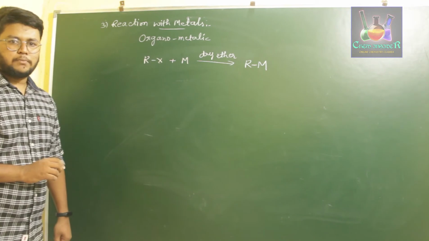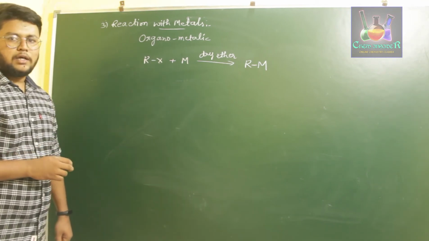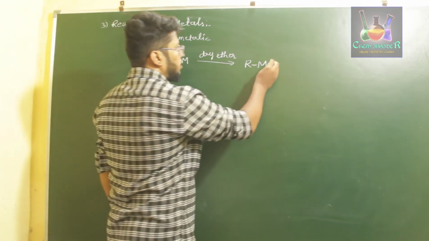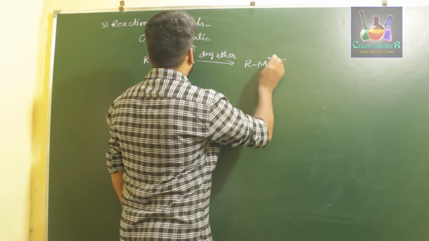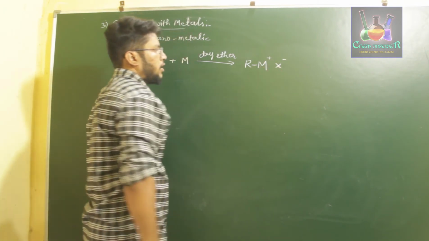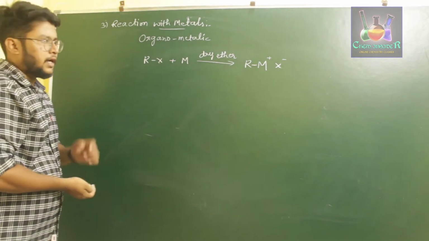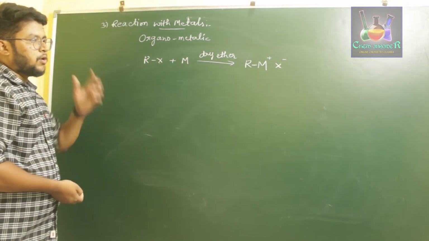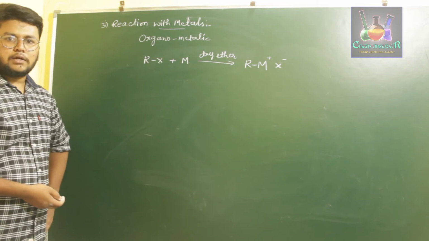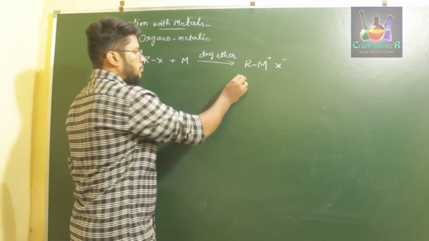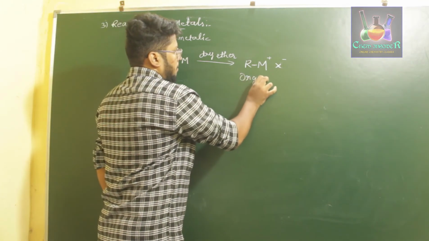It forms a covalent bond of carbon and metal, and it also forms an ionic bond of metal and halide. This type of compound or bond is called an organometallic bond.